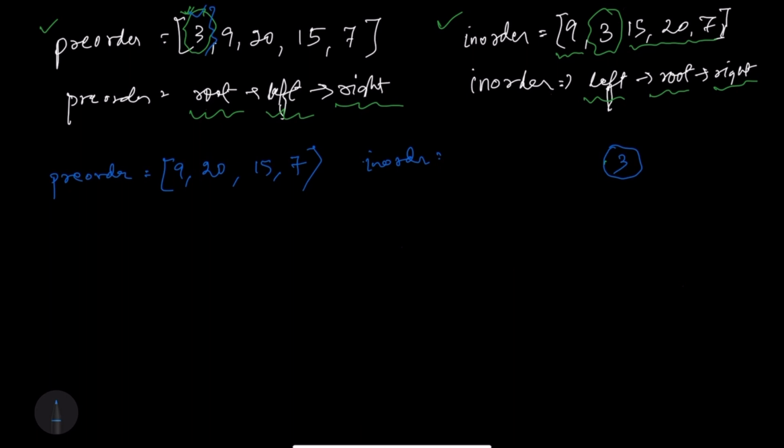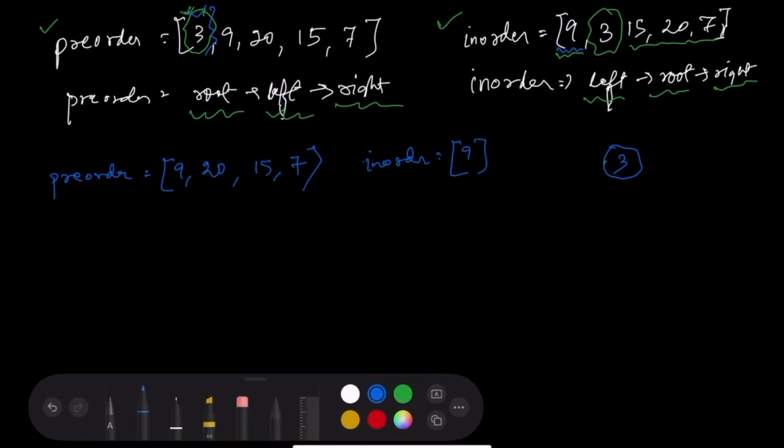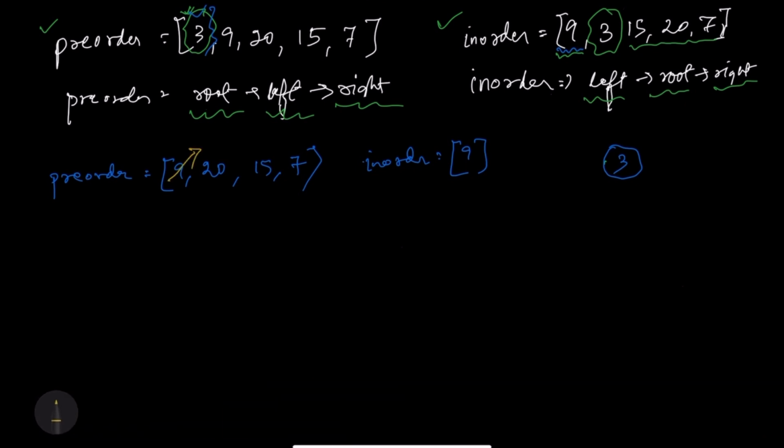So if we recurse it first for the left subtree, what would happen? The items that come to the left of our root will be in the left subtree, so our new inorder array will be 9, just 9. Now we know that the first element of the preorder would be our root, so 9 would be our root of the left subtree, and we will pop out 9.